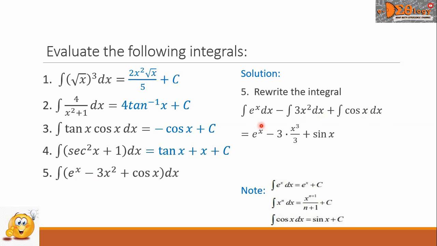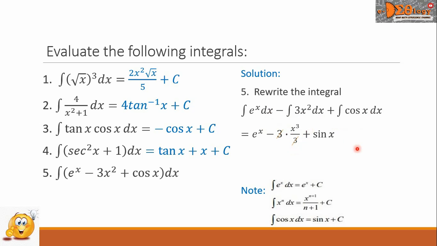So the integral of e^x dx is simply e^x minus the constant 3 times x cubed over 3 plus the integral of cosine x is sin x. We can simplify this part by cancelling the 3 and the denominator 3.